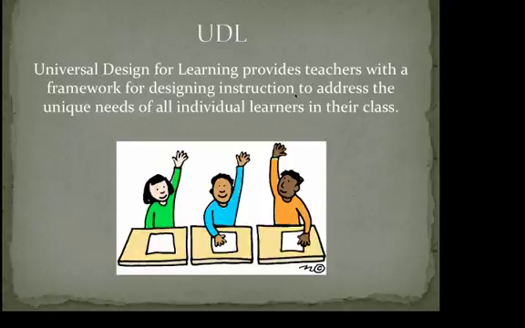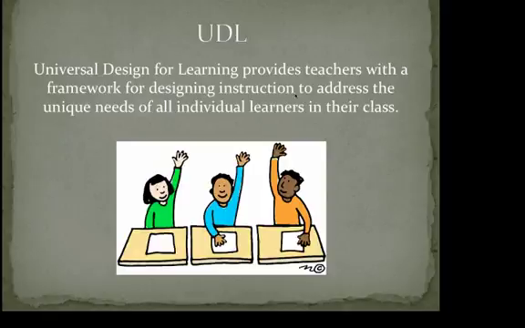So enrichment is added afterwards, or accommodations for students who need additional help are made. Universal Design for Learning asks that that is all taken into account beforehand, and that instruction is planned with all learners in mind.